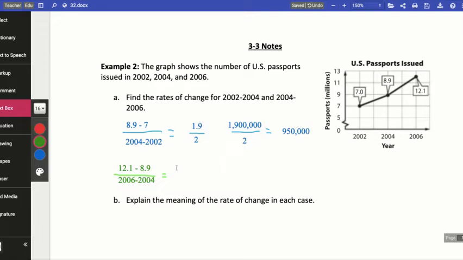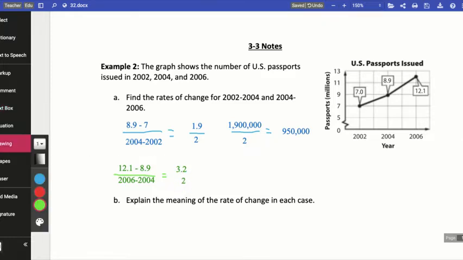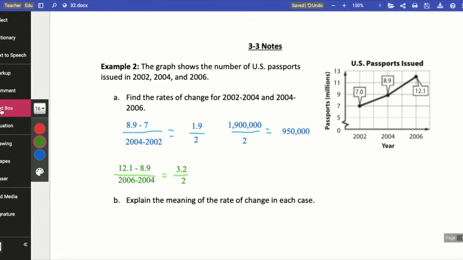I am going to encourage you to simplify this. 12.1 minus 8.9 leaves us with 3.2. While 2006 minus 2004 leaves us with 2. I would encourage you to then rewrite 3.2 as a million, just so you don't get confused with your answer.